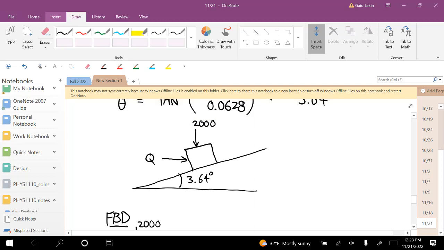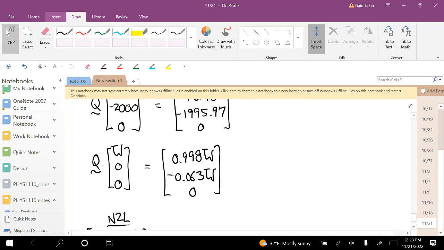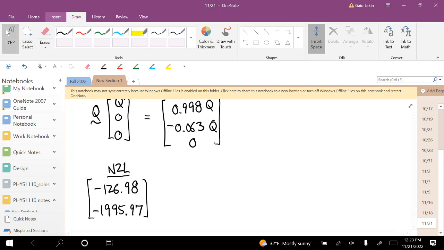As a reminder, all I'm doing is representing all these force vectors in this coordinate system. Okay, so this first vector is just the weight force.